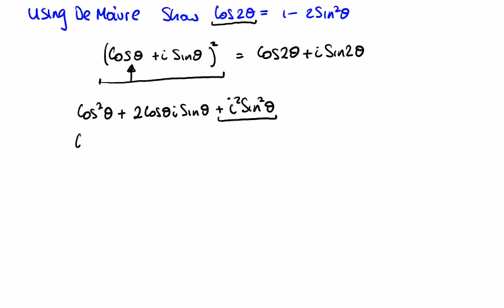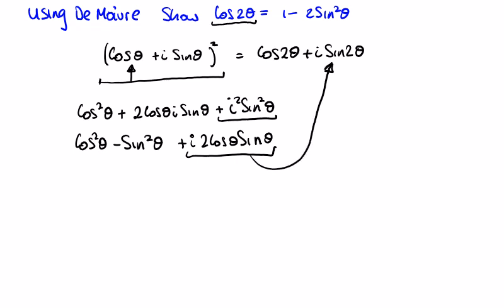So the real part of the left hand side is cos squared theta minus sine squared theta, and the imaginary part is plus i times twice cos theta sine theta, which we're not going to need, because the imaginary part equates to the imaginary part, and the real part equates to this real part here.